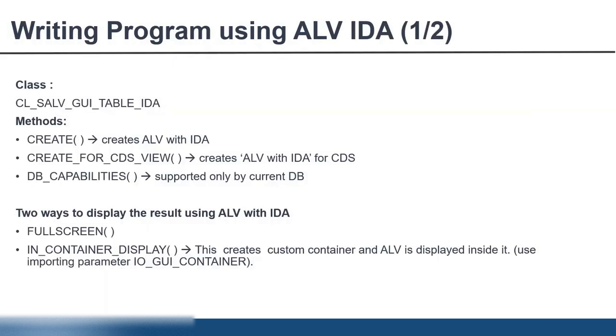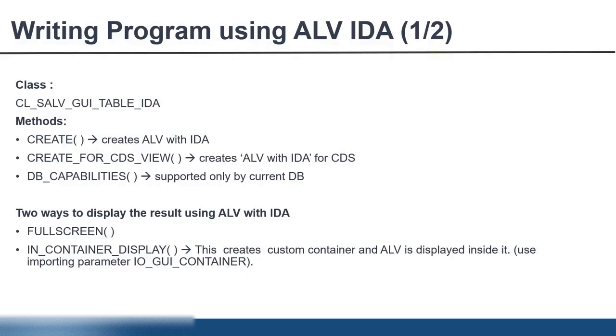Now how to write ALV IDA programs? As we are discussing, ALV IDA is mostly used on the HANA database, and all the features of HANA, all the functionalities of HANA, are based on ABAP OO. For ALV IDA, SAP has come up with a standard class, that is CL_SALV_GUI_TABLE_IDA. And under this class, they have come up with different methods.